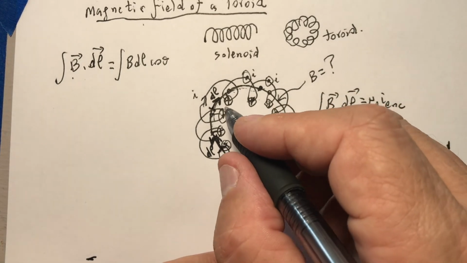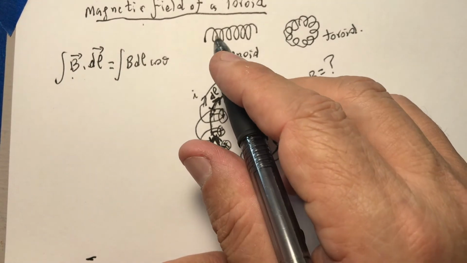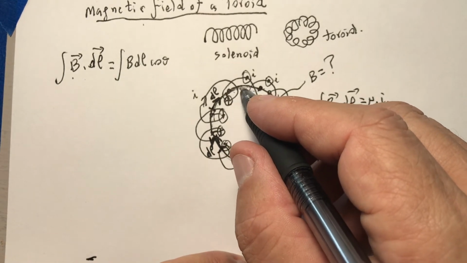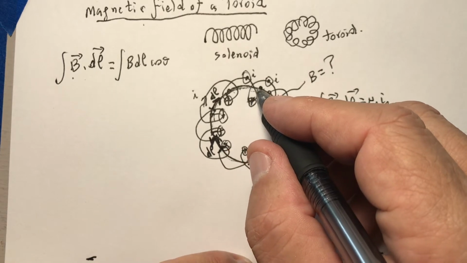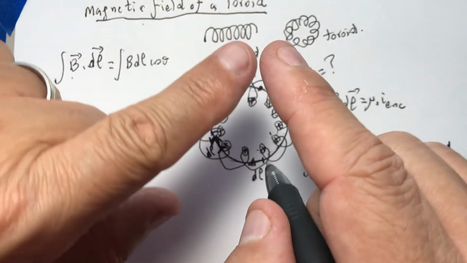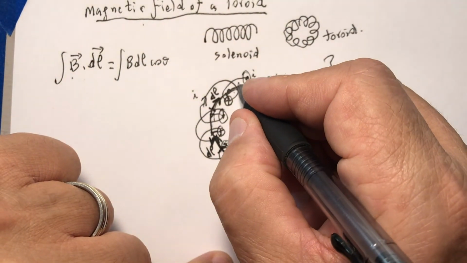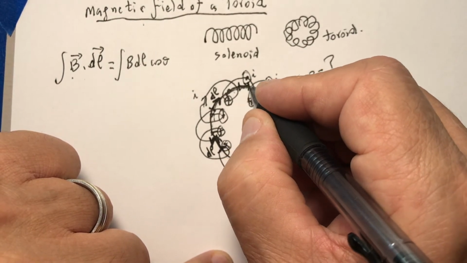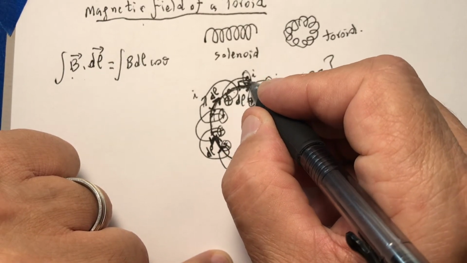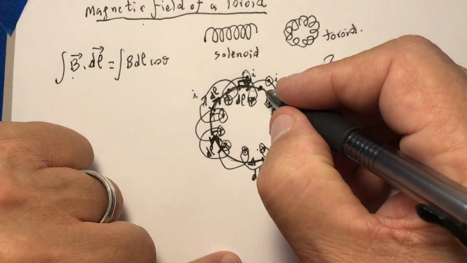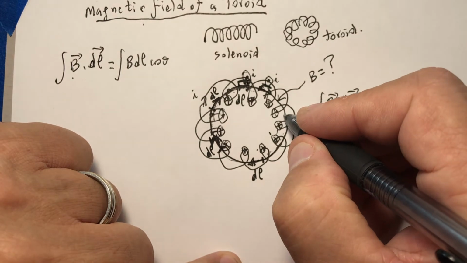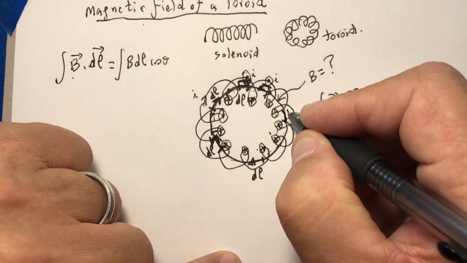Now, the B field, like in the solenoid, is going along that dl, along the Ampere loop. So they're going parallel to each other. In this section, dl is going like that, and the B field is also going like that, parallel. In this section here, dl going down, the B field is going down.